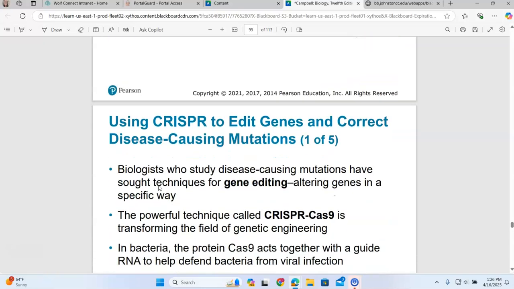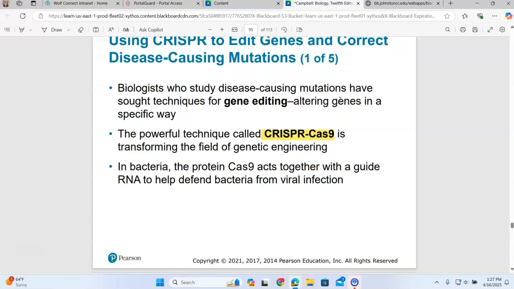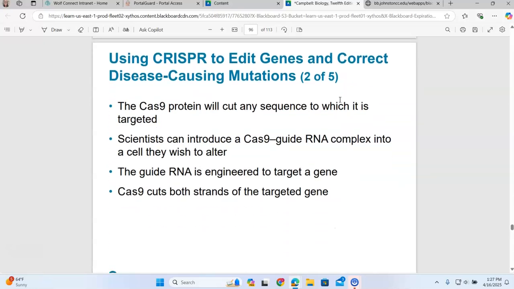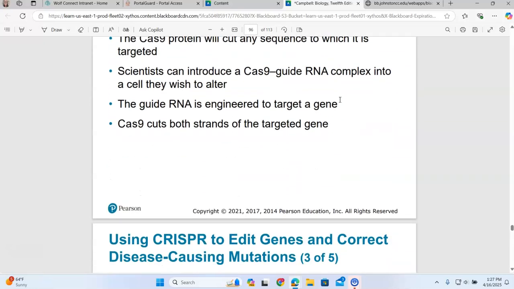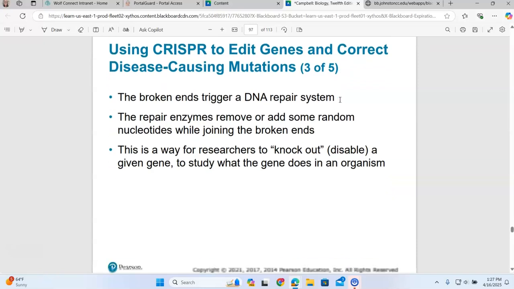There is a gene editing technology called CRISPR-Cas9, and it is just used to edit DNA. It's used basically in gene therapy. So it basically can correct a mutation, okay?